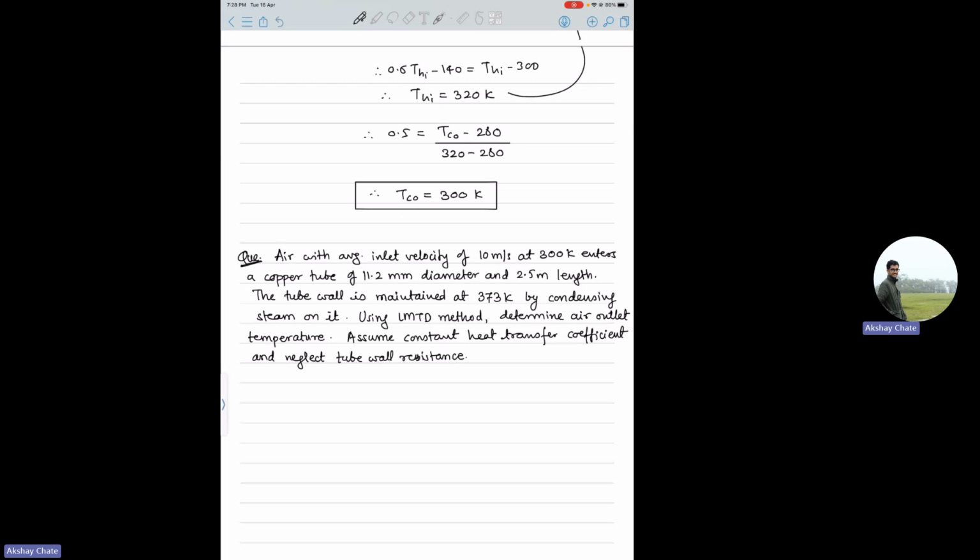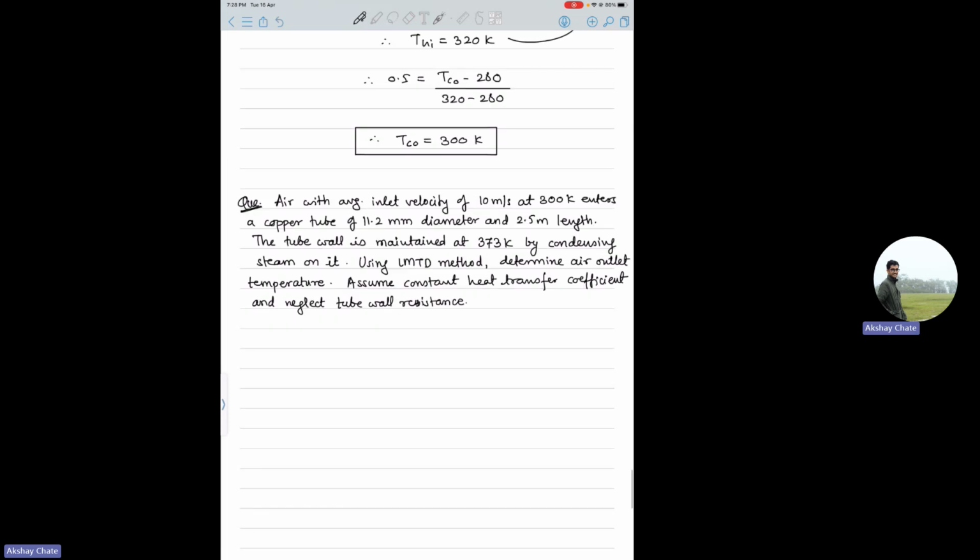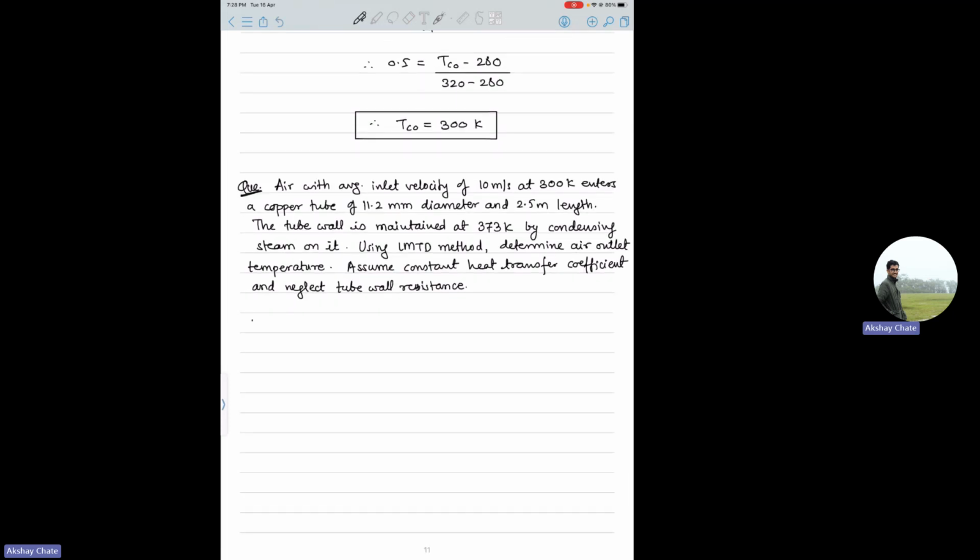In many questions this is also not mentioned, so typically we assume it. And now some air properties are also given so that you can use them wherever required. So conductivity 0.02624 watt per meter Kelvin. Cp is given as 1.005 kilojoule per kg Kelvin. Density is 1.174 kg per meter cube.